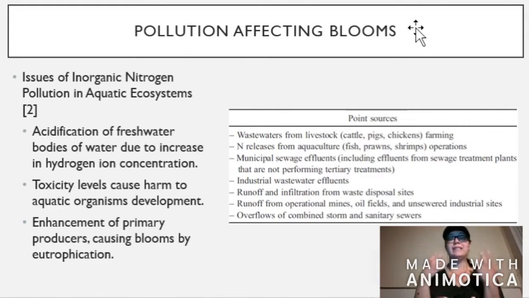These toxic levels can cause harm to any aquatic organisms developing, and the enhancement of primary producers can cause that food chain I was talking about before to be out of place. These can cause blooms by eutrophication, and eutrophication is when nutrients in a body of water become so rich and thick, it actually causes a growth of algae and depletes oxygen in waters.